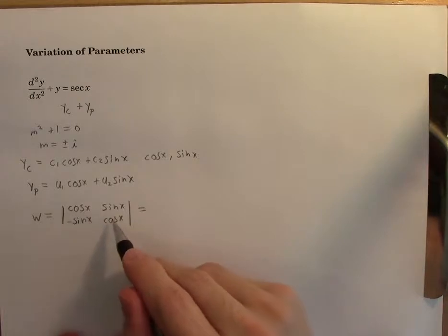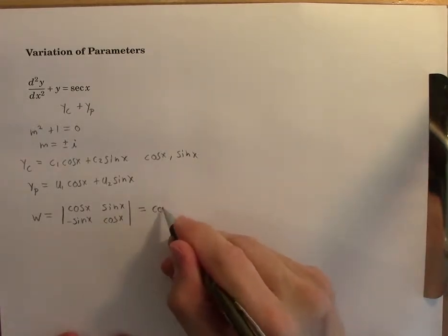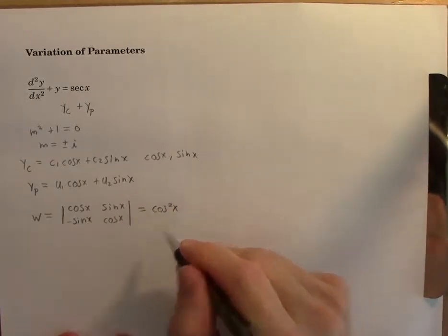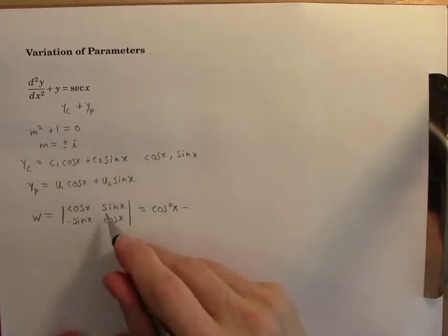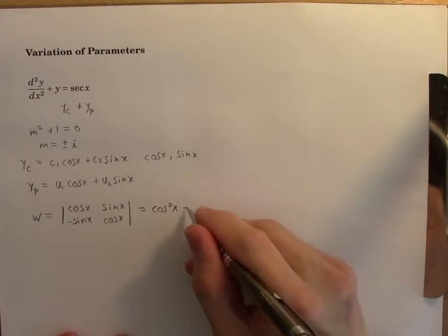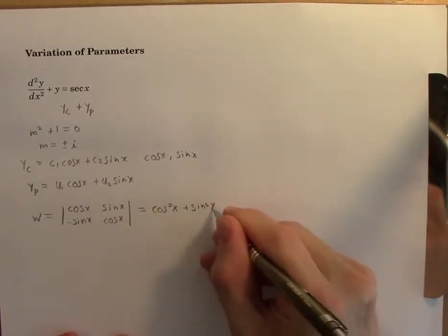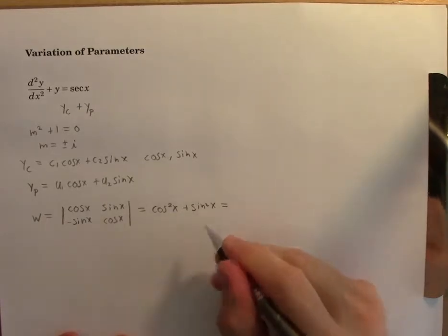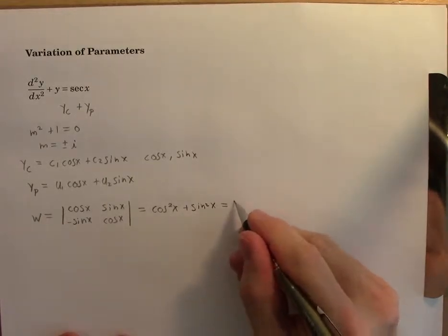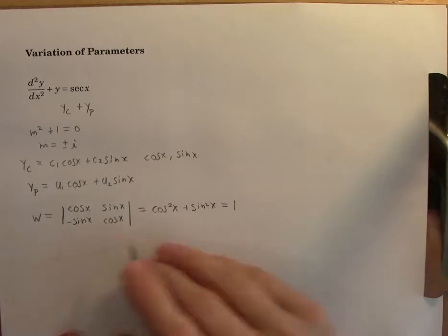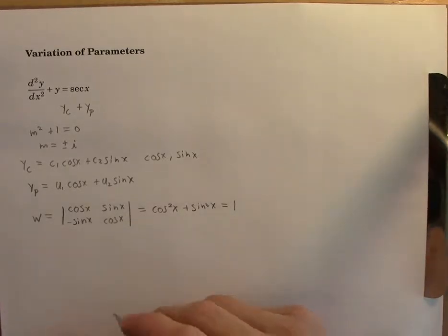So first we have cosine times cosine is cosine squared of x, and then we subtract and multiply across this way, so we have sine of x times negative sine of x, so that becomes plus sine squared of x, and cosine squared plus sine squared is equal to 1. So our Wronskian is equal to 1.